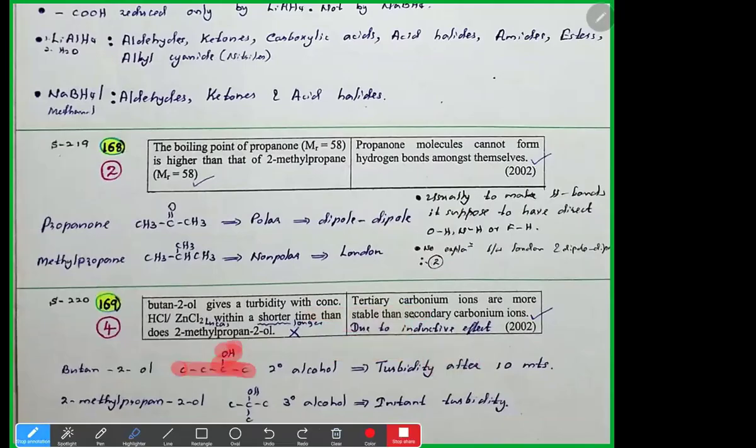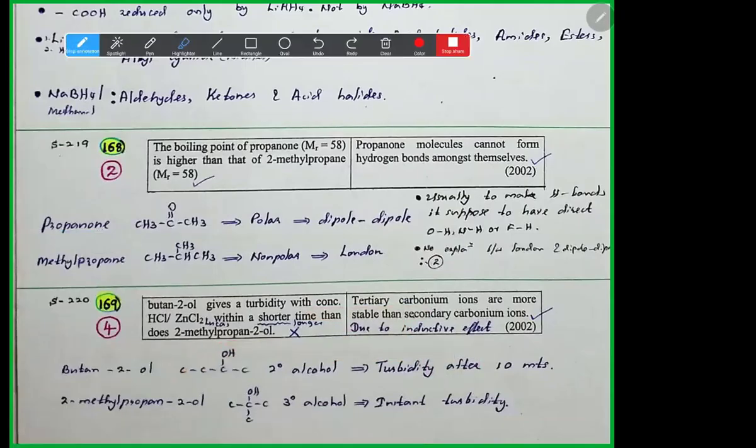Butan-2-ol and 2-methylpropan-2-ol. Once you draw secondary alcohol and tertiary alcohol, tertiary gives instant turbidity, while secondary gives turbidity after 10 minutes, so the time is longer for secondary.